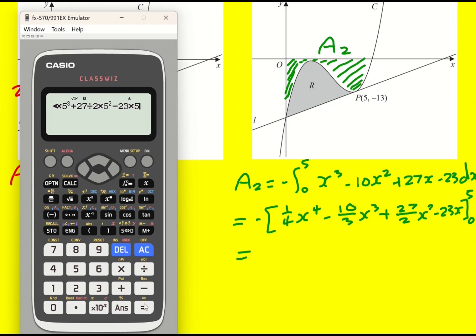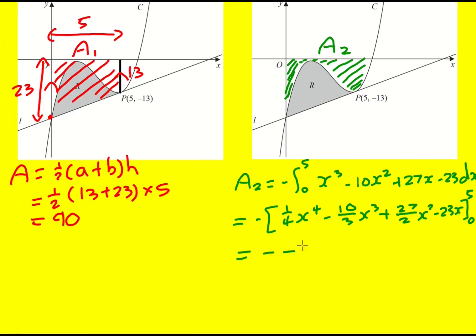Okay, it's going to be that. When I put 0 in, I'll just get 0. So actually I'll get minus 37 and 11/12. Which of course is then 37 and 11/12.